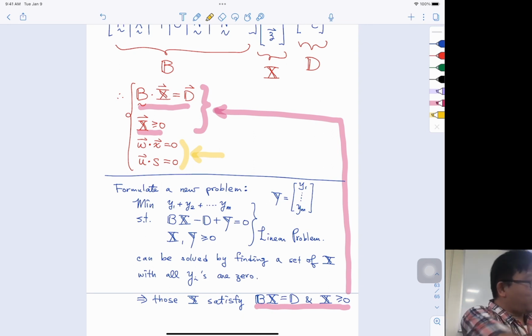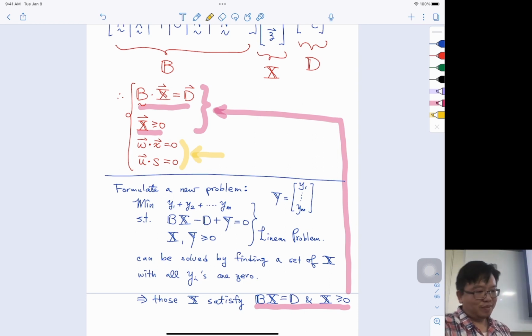Since that requires a sequential approach, many times it's called sequential programming. There are further derivations of it, but I think this is already enough to introduce quadratic programming.